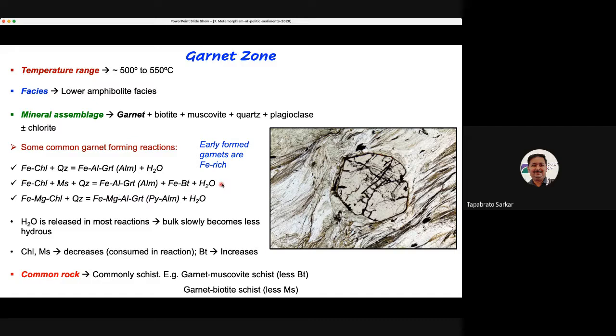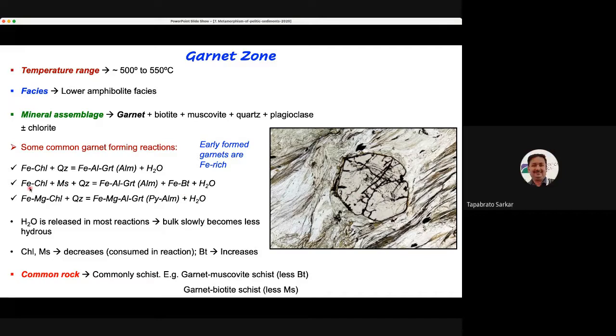So to continue with this reaction, we need one potassium to balance the two sides of the reaction, as you have done in chemistry. To balance potassium on the left hand side in the reactants, you have to have a potassium bearing mineral on the right hand side of the reaction as well.